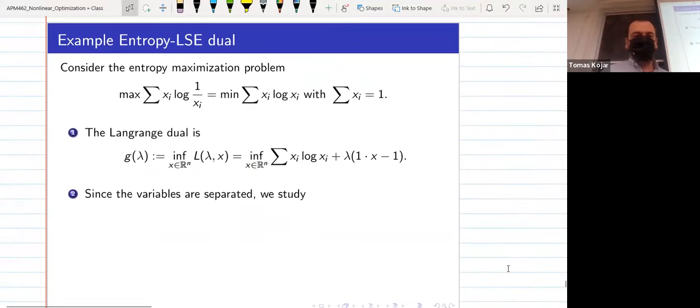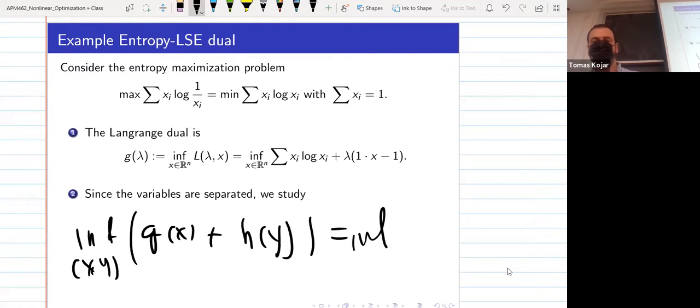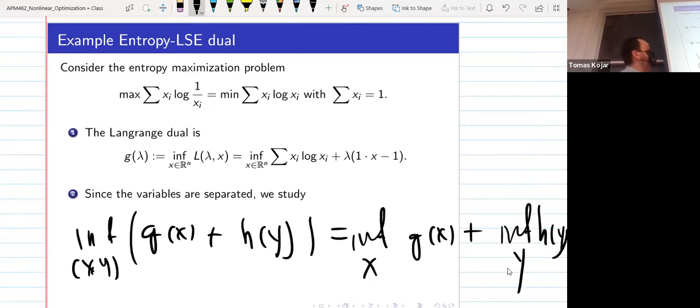I'll speed up. I'll do it quick. There's this amazing fact that when variables are separated, so if you take infimum over x, y of g(x) plus h(y), this is the same as the summation of them. Okay, so we're using this fact.